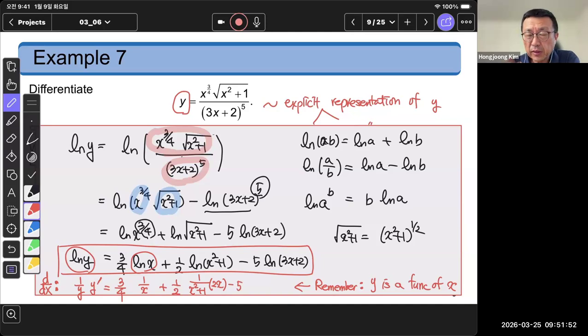If I differentiate ln(3x plus 2), you get 1 over 3x plus 2 times the derivative of 3x plus 2, which is 3.